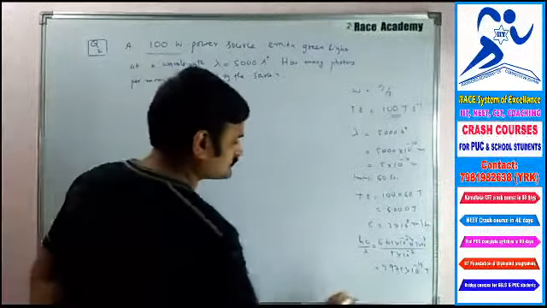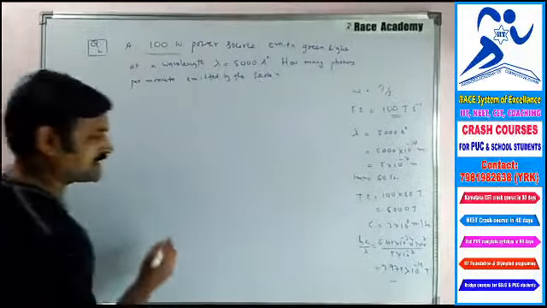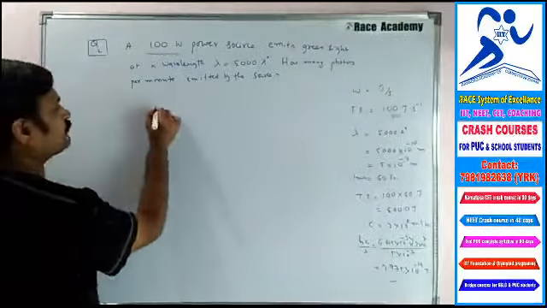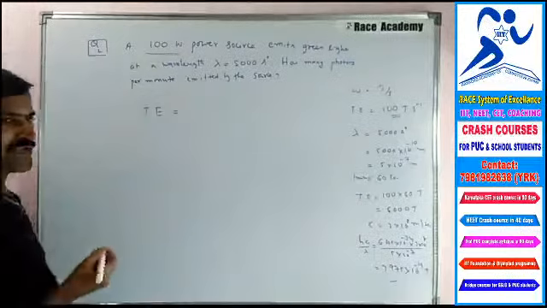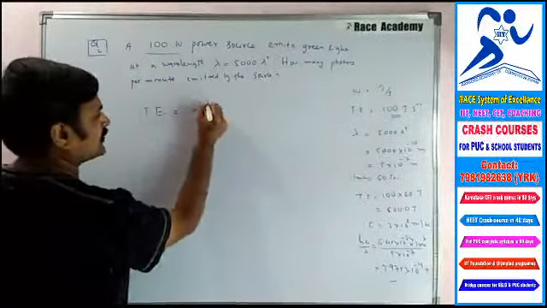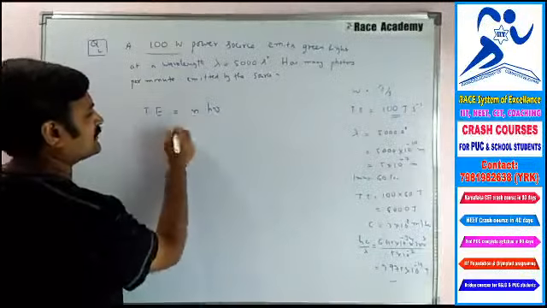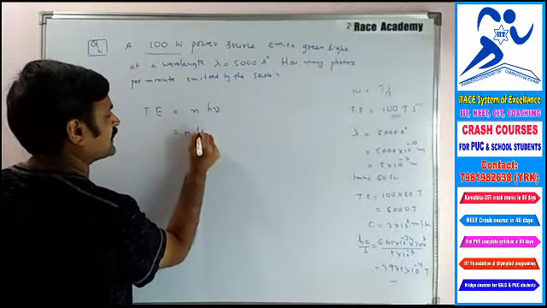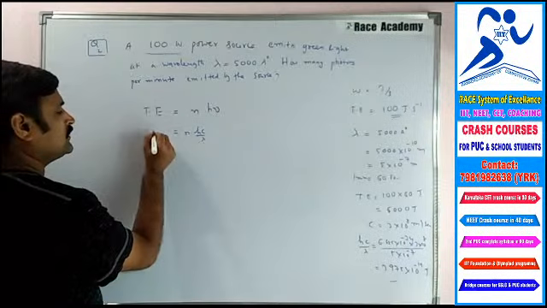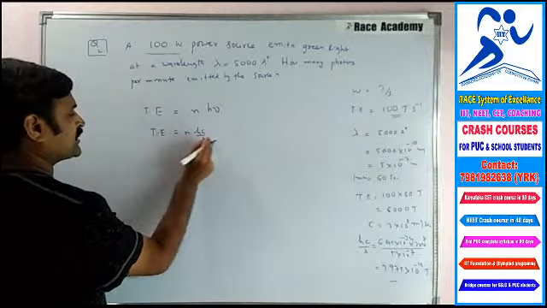So the point is very clear that you want to find the number of photons. The formula is total energy is equal to N h nu, nothing but N h c by lambda. So total energy is equal to N into hc by lambda.